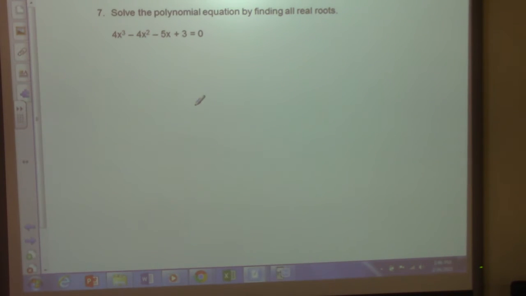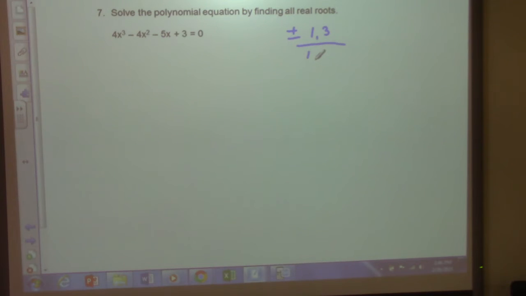Okay, I want to demonstrate. There's a little complexity going on here because we don't have a 1x cubed. So what we have is our potential list of zeros. It's going to be plus or minus factors of our numerator over factors of this thing here.